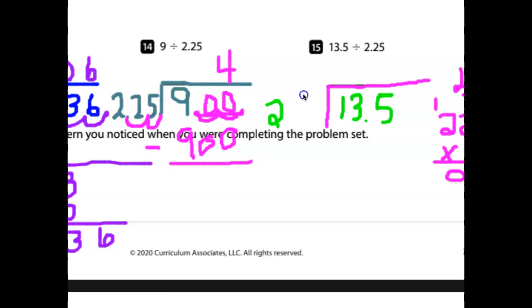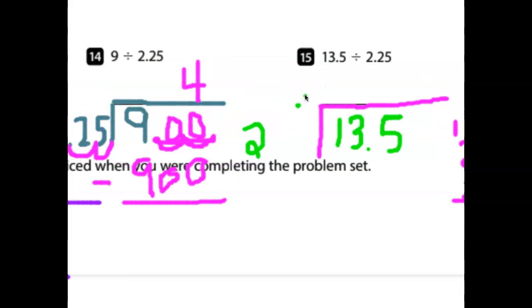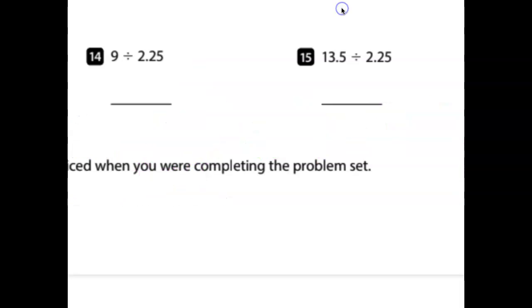Oh my goodness, I just made it. Oh, hold on. No, it's not going back. All right, I'm going to have to erase this and come back to this problem.